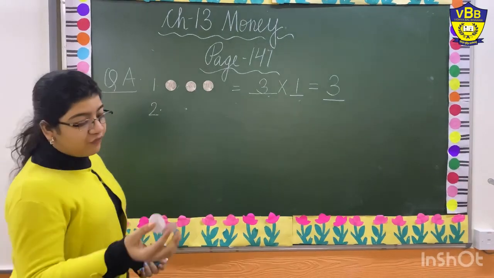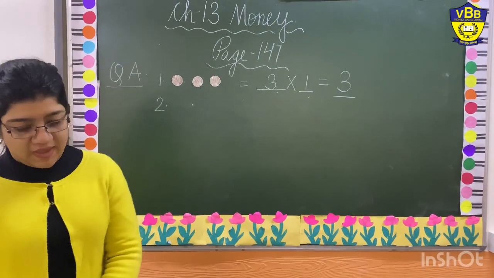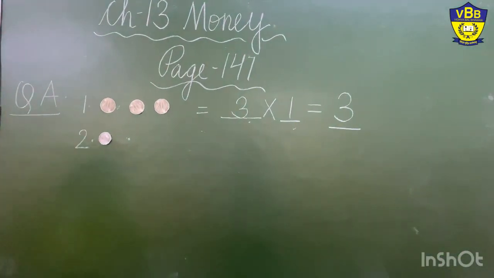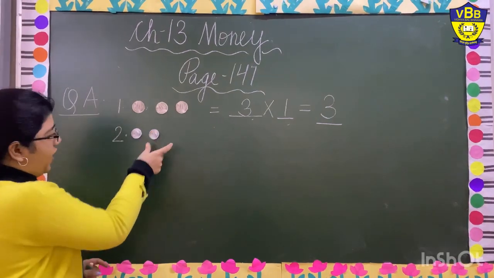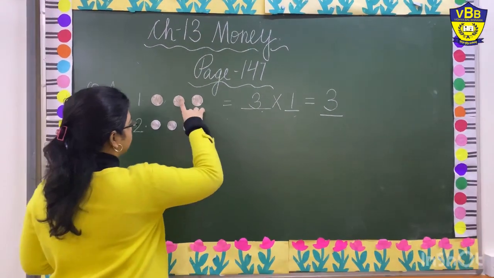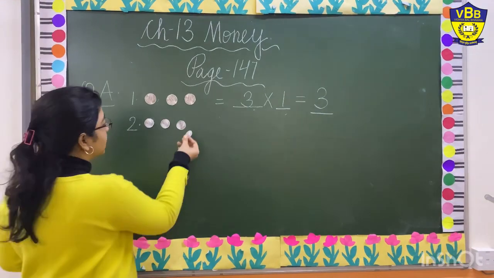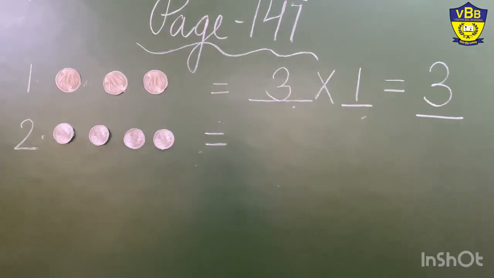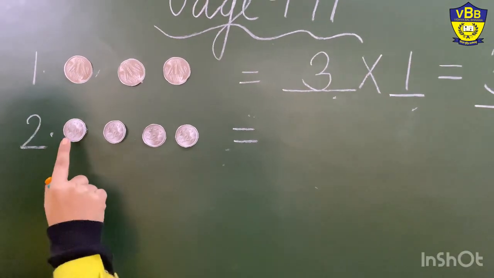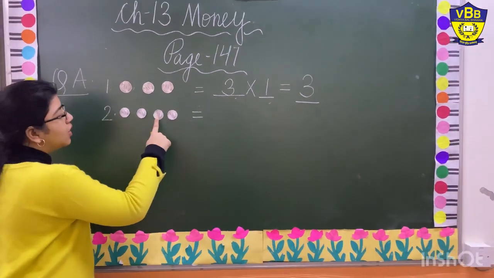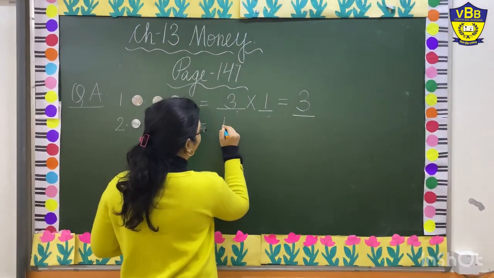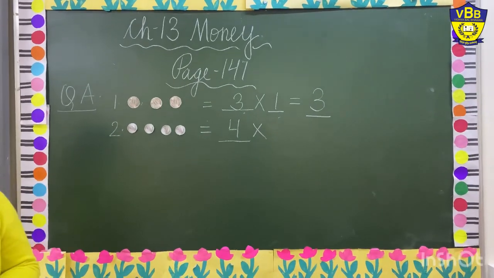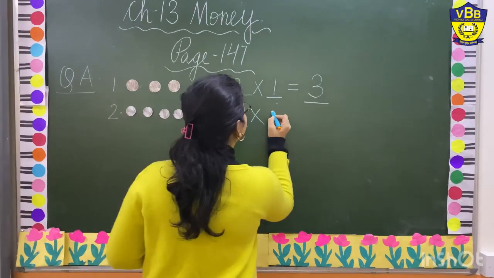Now, we have the coins of rupees 2. How many coins are there? Count it fast. Yes, there are 4 coins. 1, 2, 3 and 4. 4 coins of rupees 2.